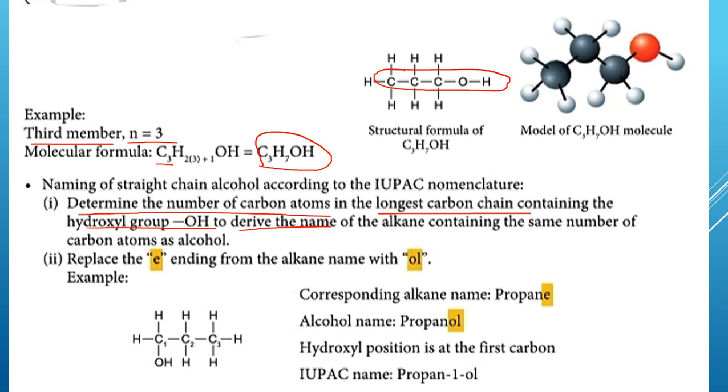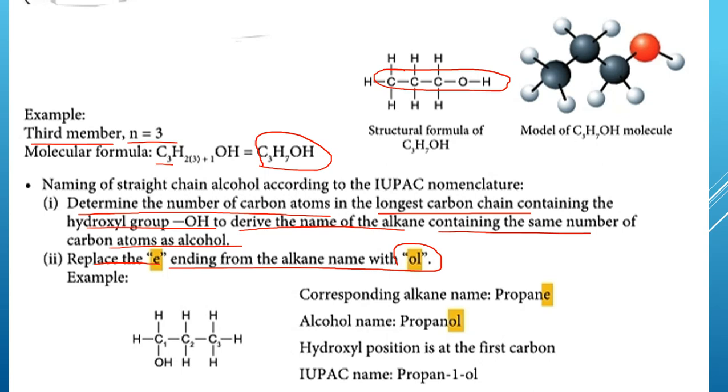To derive the name, take the alkane containing the same number of carbon atoms as the alcohol. Now we replace the E ending from the alkane with ol. So the name is: 1, 2, 3, 3 carbons, so propane.